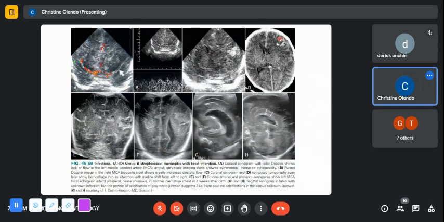I think you are totally bypassing it. Diana, are you seeing what I'm saying? Yes, where her pointer is, there's a subdural, which is most likely an empyema because you're looking at infection.